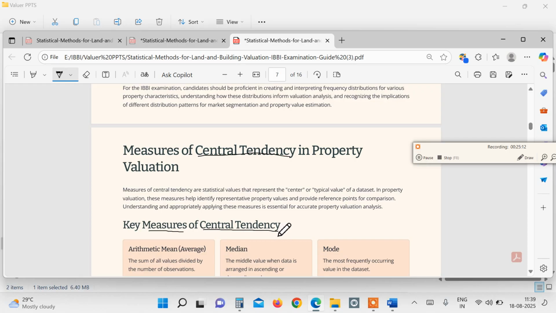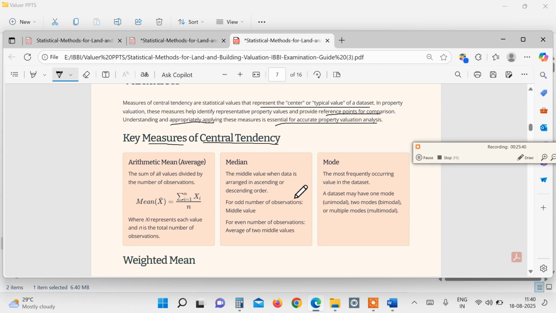Basically, measures of central tendency are statistical values that represent the center or typical value of a data set. In property evaluation, these measures help to identify representative property values and provide reference points for comparison. Understanding and appropriately applying these measures is essential for accurate property valuation analysis.